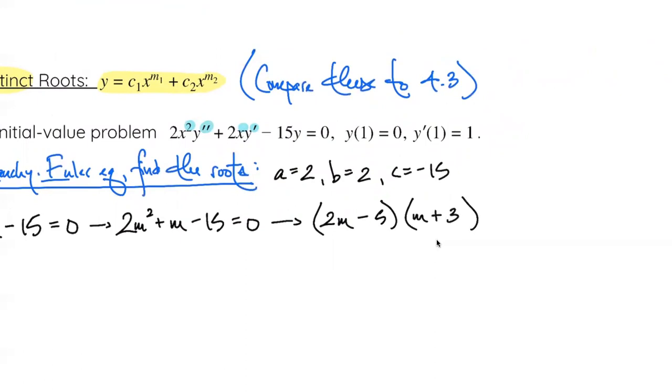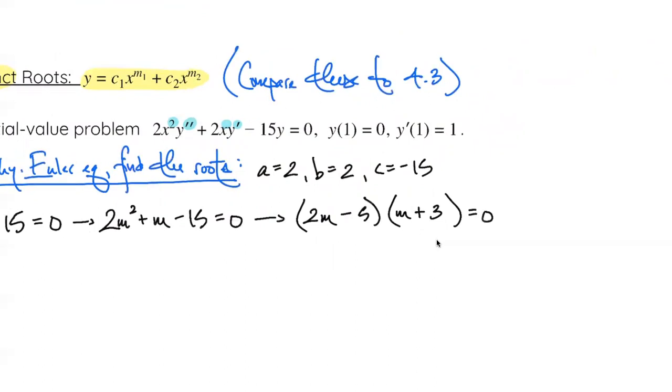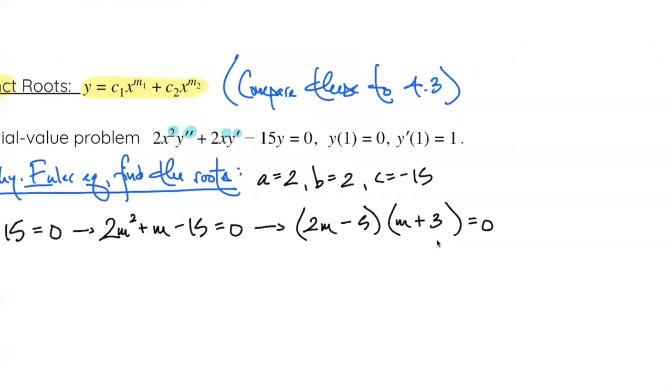Negative 5 and positive 3 in particular will give us the plus m in the middle. I know this is silly, but we want to be really careful that we solve correctly here. Our m is not 2/5, but it's 5/2. And then it's also negative 3. So negative 3 and 5/2.